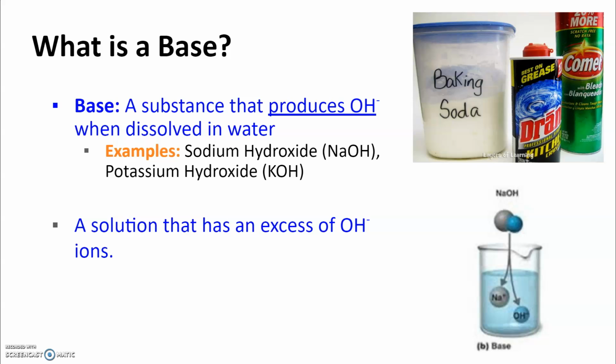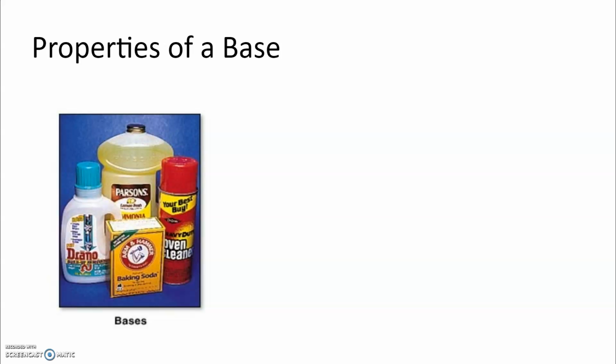If you have more OH minuses, it becomes more basic, just like more H pluses made it more acidic. Another word that we use for base is alkali. So you may hear alkali sometimes. I don't use that very often, but other people in the world do, and it just means the same thing. It's base, it makes OH minus ions.